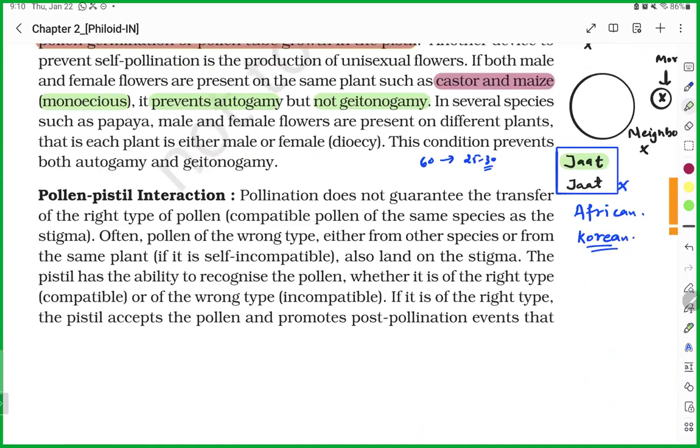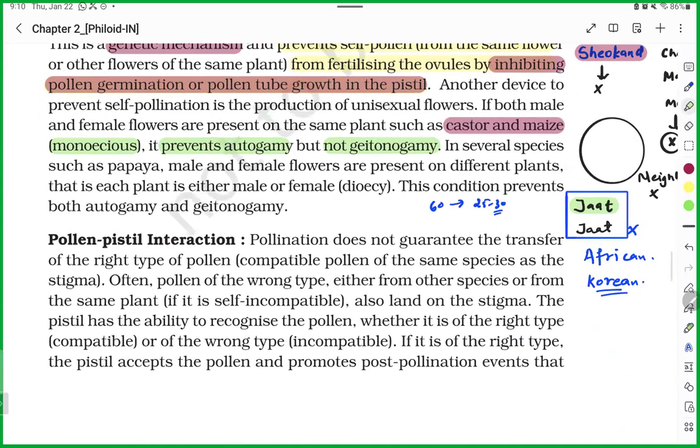Come to the point here. Another device that prevents self-pollination is the production of unisexual flowers. Very basic. In unisexual flowers, a flower has only one reproductive organ. Remember, not plant, flower. One reproductive organ in one flower.